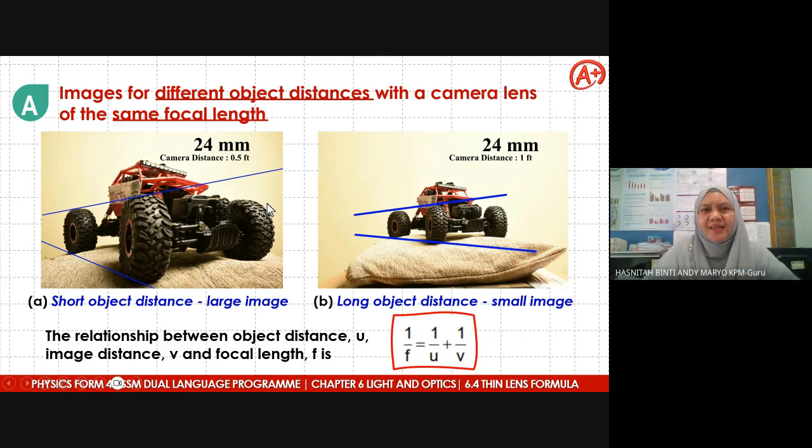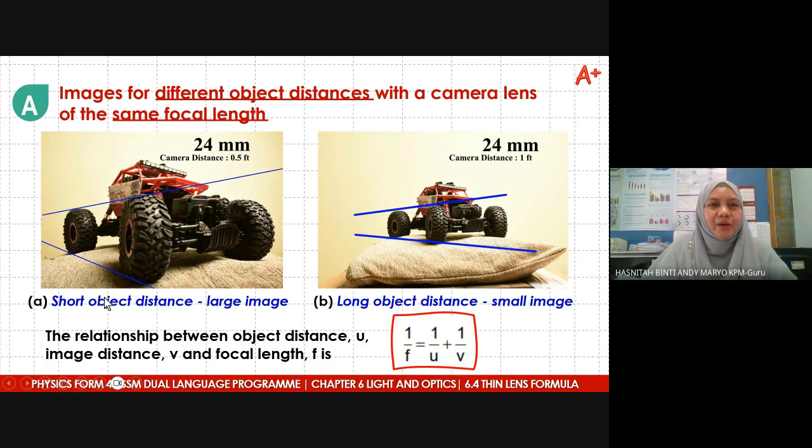So you can see the image produced will be different in size. The camera with the shorter object distance will produce a bigger image, larger compared to the second camera where the object is further away, so the image produced is smaller.